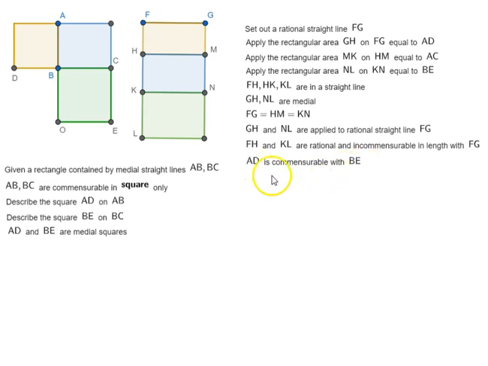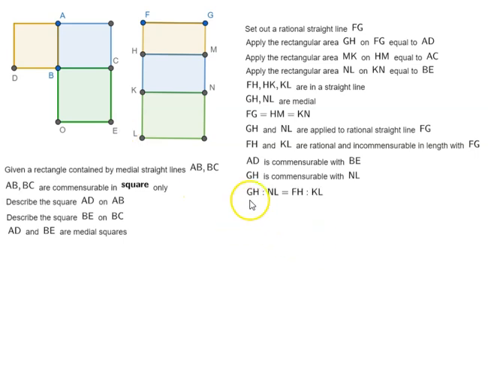Why are they commensurable? Because they are drawn on two lines which are medial, and AB and BC are commensurable in square only. So AD is commensurable with BE. Which means GH is commensurable with NL. Why? Because they are equal to AD and BE.